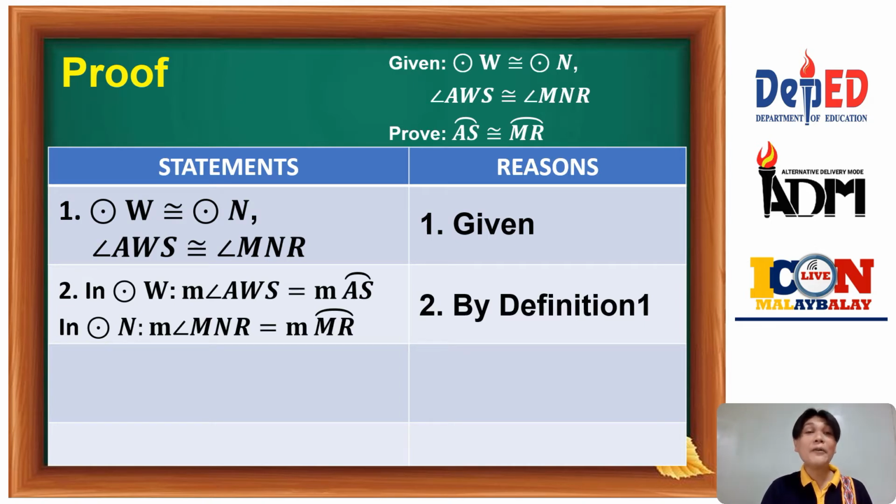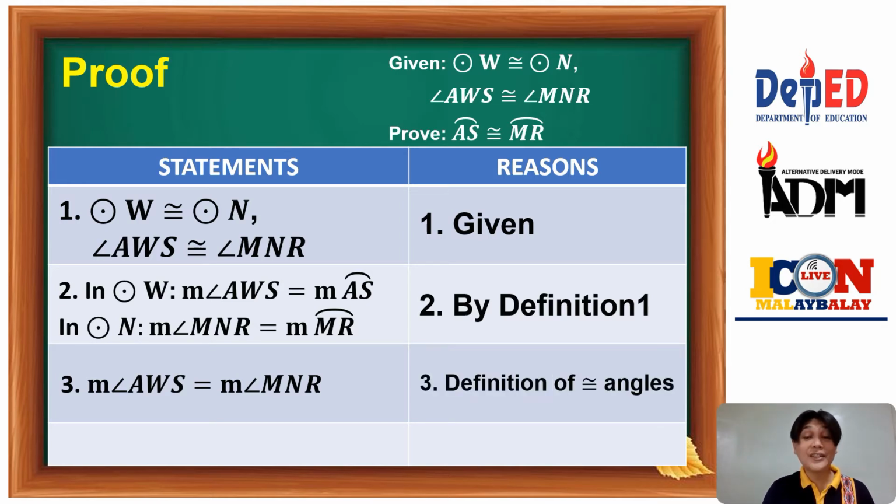Okay, now from the given, or statement 1, we can say that the measure of angle AWS is equal to the measure of angle MNR. Reason? It's the definition of congruent angles.